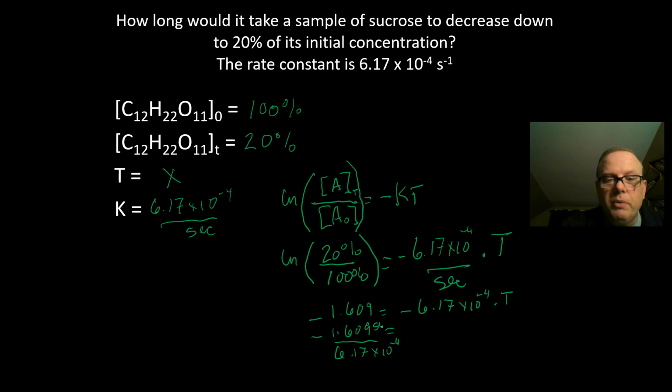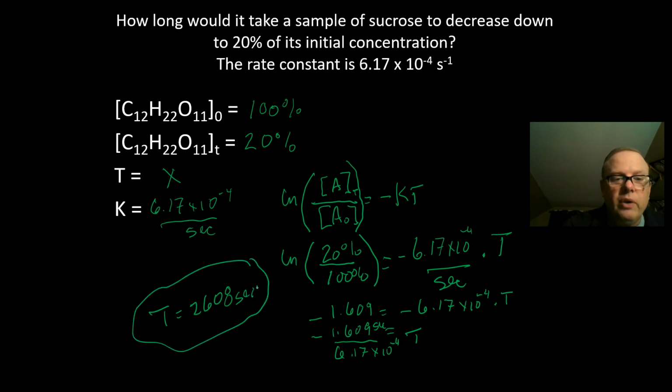Seconds now creeps up to the top over time, and I get a time value for this equal to 2,608 seconds. So that is how long it takes to go down to 20% of its initial concentration. That's how we're going to solve these.